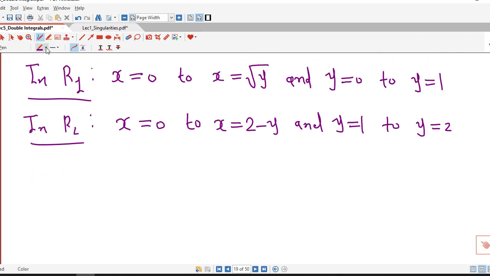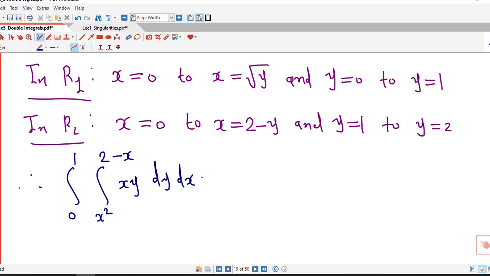So now with this we can write down the integral equivalent to the given double integral. First we write down the given double integral. It was from x square to 2 minus x, and x is from 0 to 1, xy dy dx.